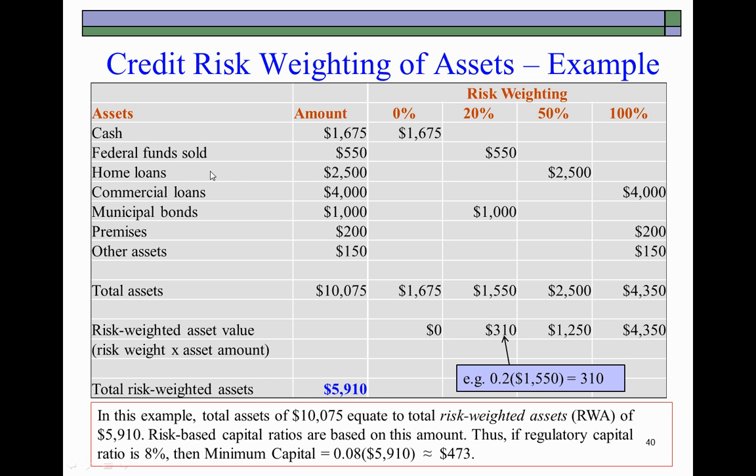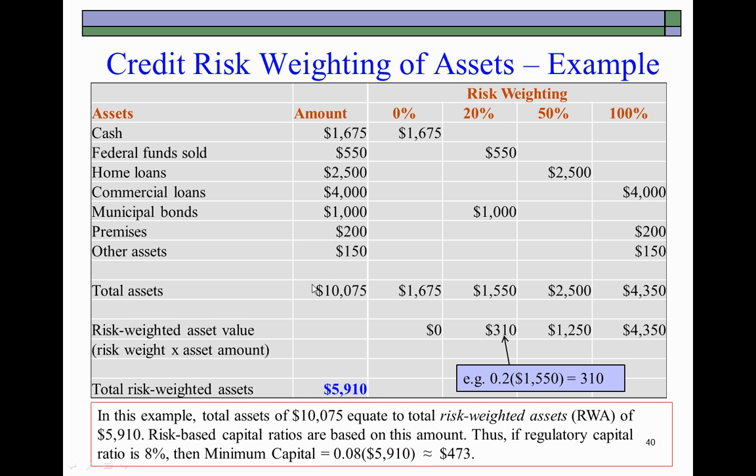Home loans are residential loans made to individuals, $2,500. Commercial loans, $4,000. Municipal bonds, 1,000. Municipal bonds are part of the bank's investment portfolio. So these are bonds of local governments that the bank has purchased and from which it earns interest income. And then there are property, plants, and equipment, premises, other assets, 200 and 150 respectively.